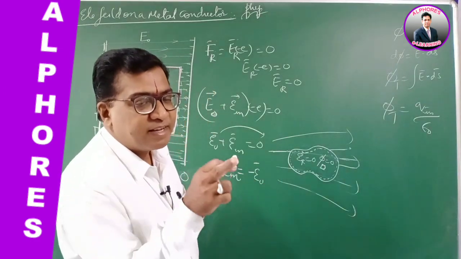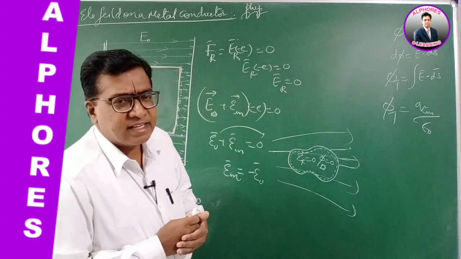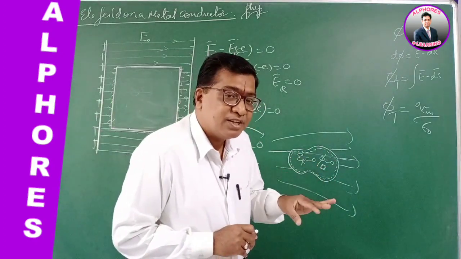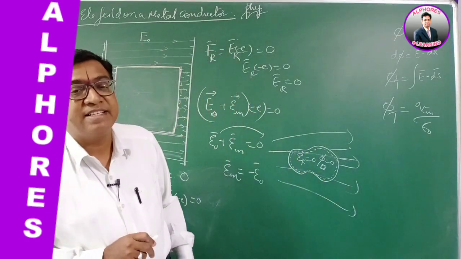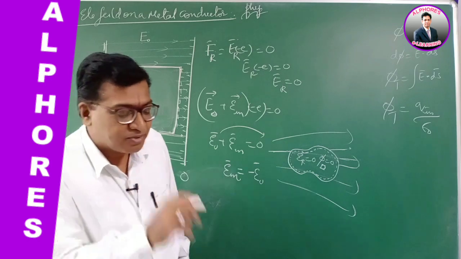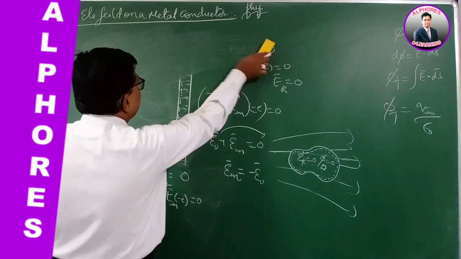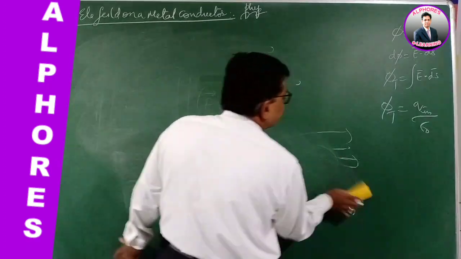So the net flux through any Gaussian surface inside the conductor is zero, which implies the net charge inside the metal conductor is zero.